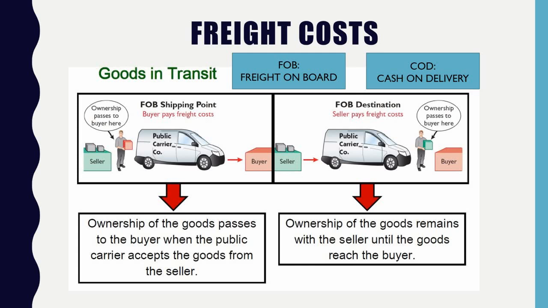Okay. Now there are two types of shipping terms we're going to be utilizing in this class, which are FOB, which is freight on board, and COD, which is cash on delivery. So yes, you can have a company ship out items to you through a third-party vendor that isn't a part of the company itself. Think about Amazon.